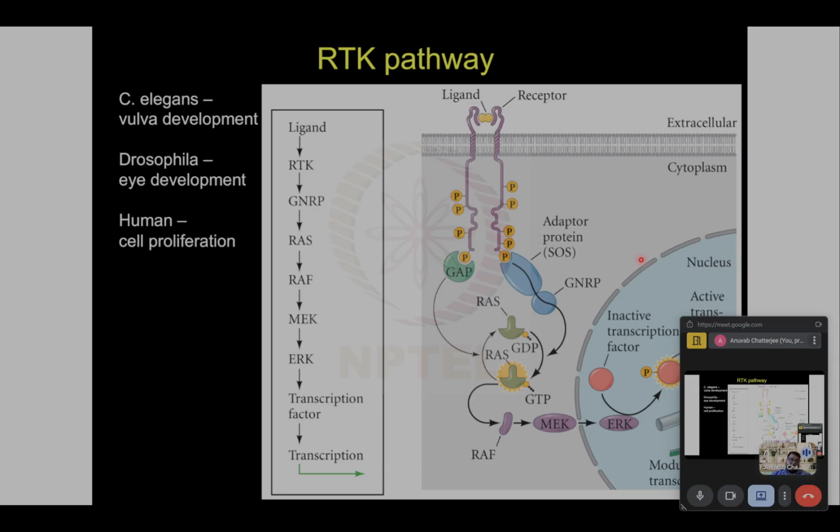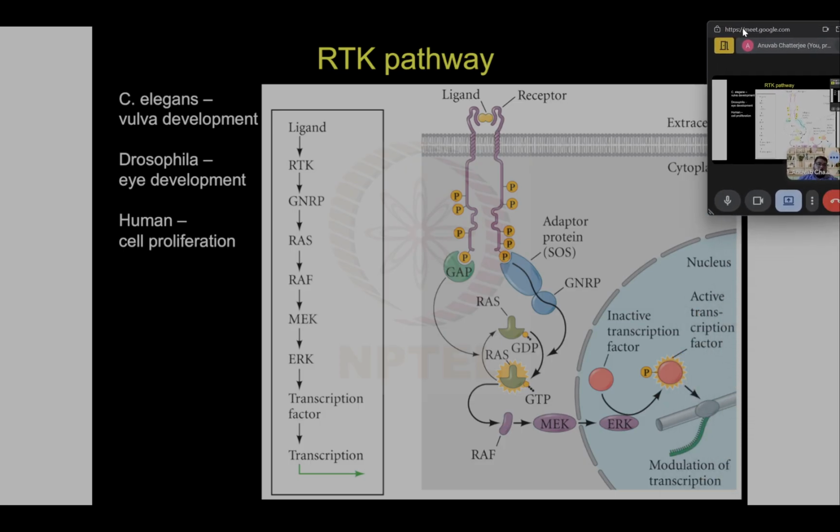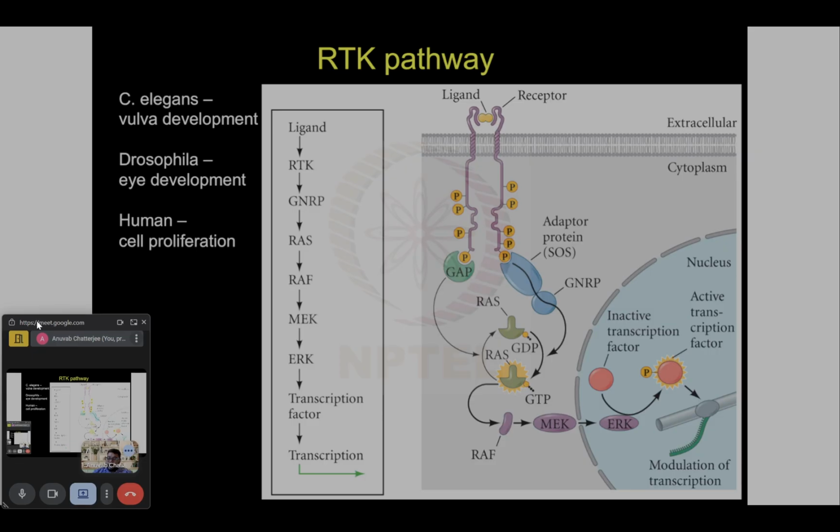So this is the receptor tyrosine kinase RTK pathway. So how does it work? The RTK pathway is a signaling pathway, so there is obviously going to be a ligand and a receptor. The ligand normally binds to the receptor on the cell surface like this, and this is going to cause changes in the intracellular domain of the receptor, causing multiple autophosphorylations to occur.